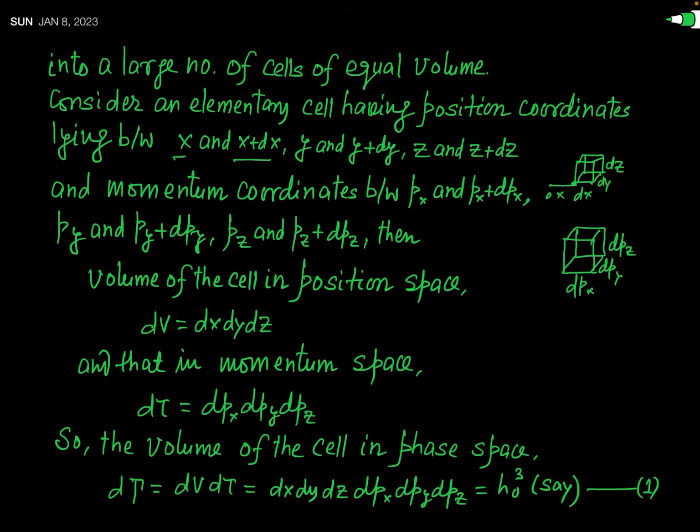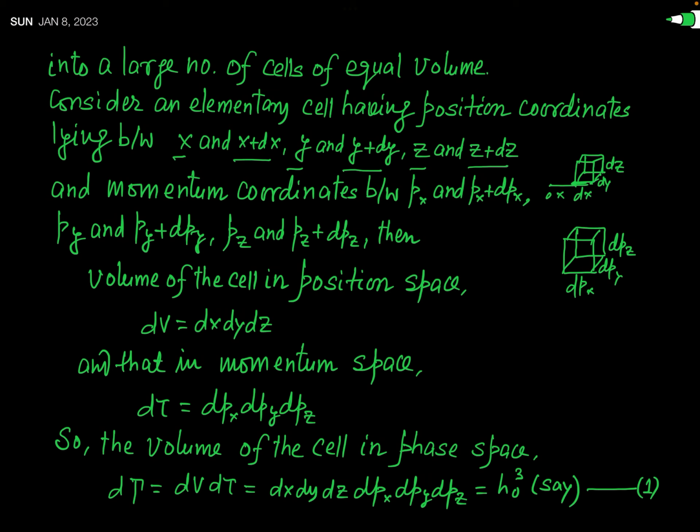So x coordinate of this elementary volume lies between x and x plus dx. Similarly, the y coordinate is between y and y plus dy, and z coordinate is between z and z plus dz. So you can say that there is a volume element in the position space having length, breadth and height equal to dx, dy and dz.